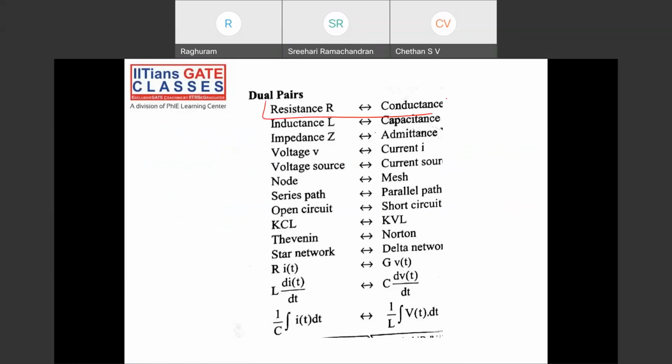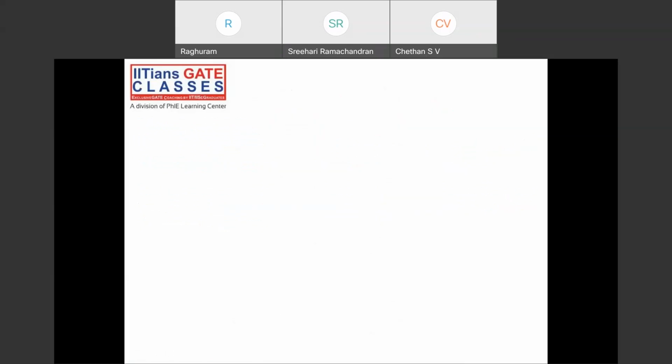For resistance, it's conductance G; inductance, capacitance. Resistivity, it is conductivity. Rho, it's sigma. And what else?